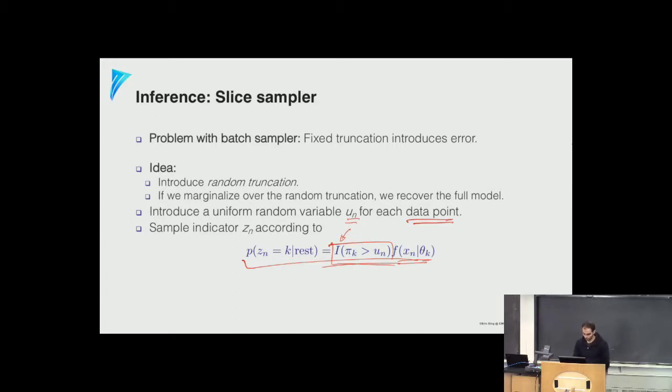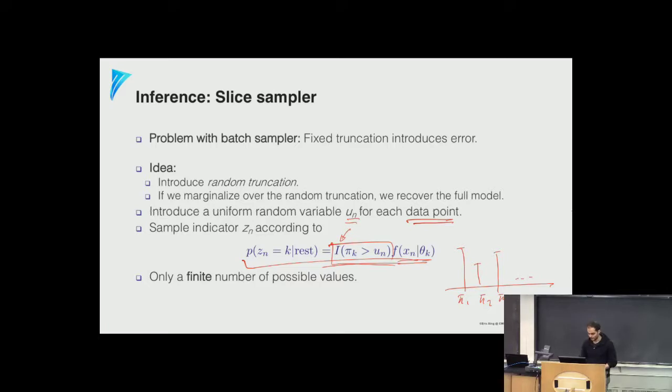And so the idea is that by introducing this u_n and fixing it for a given point, it will select a finite number of components that we can sample from. Right? So here's the intuition. Let me draw it right here. Remember that we had these pi k's. So let's say this was pi 1, this was pi 2, pi 3, etc. All of these weights had some sort of magnitude.